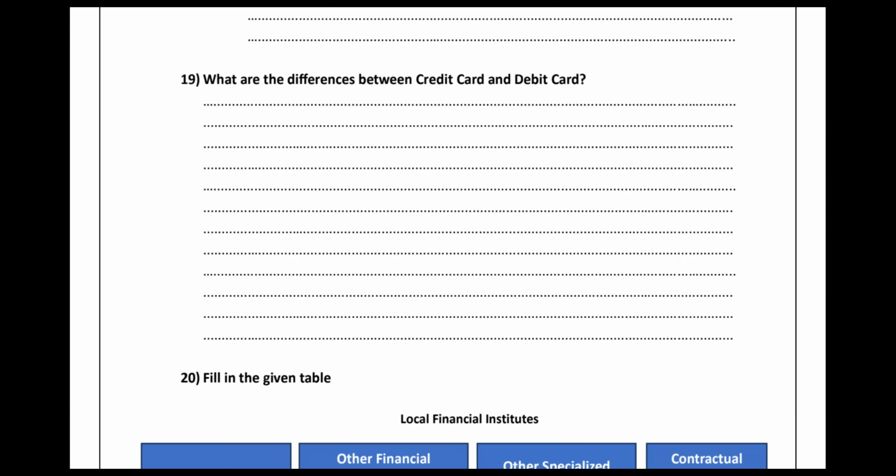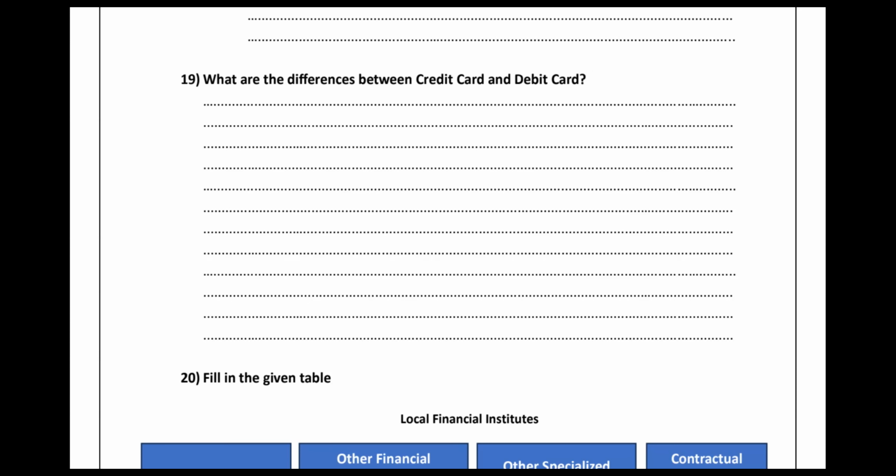That is credit cards. Interest-free means, let's say you're purchasing through your credit card, they'll give you some time. If you pay within that time, interest is not applied. But if you pay after that time, then interest is applicable. So an interest-free credit limit is offered to buy goods.